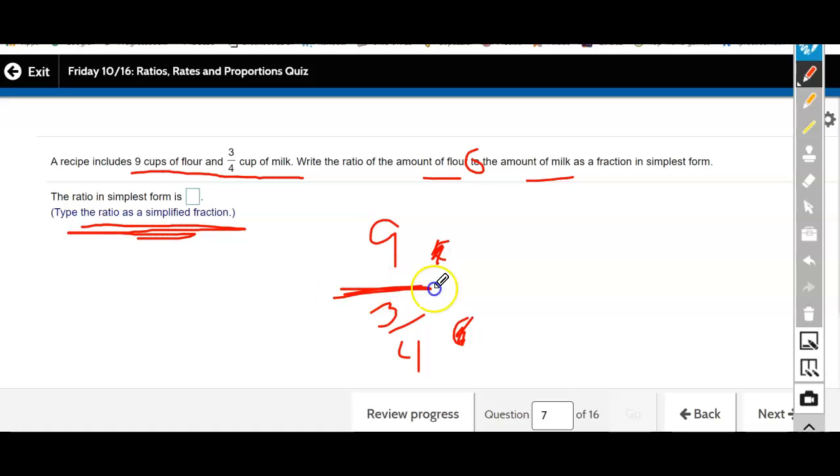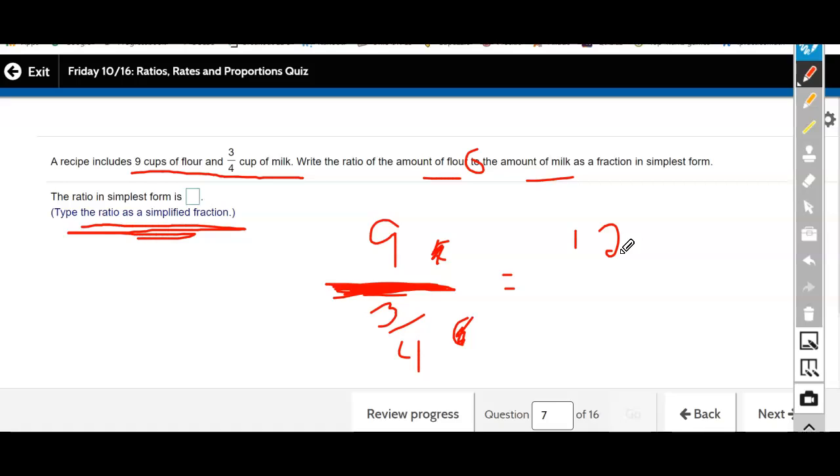I could put 9/1, but I don't need to. I just divide. This bar right here means division. So 9 divided by 3/4 on your calculator. So it's just 12. Well, that's nice.